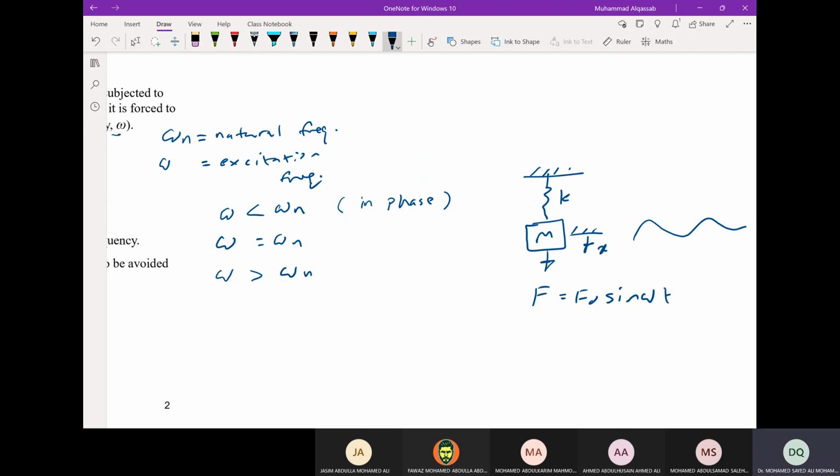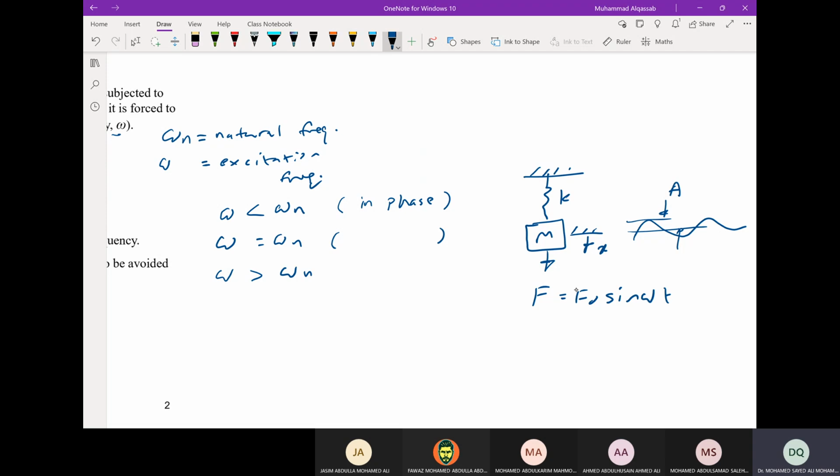The amplitude here depends on the range of omega. Is it omega less than omega n, or equal to omega n, or greater than omega n? For omega less than omega n, the amplitude will be as compared with this range.